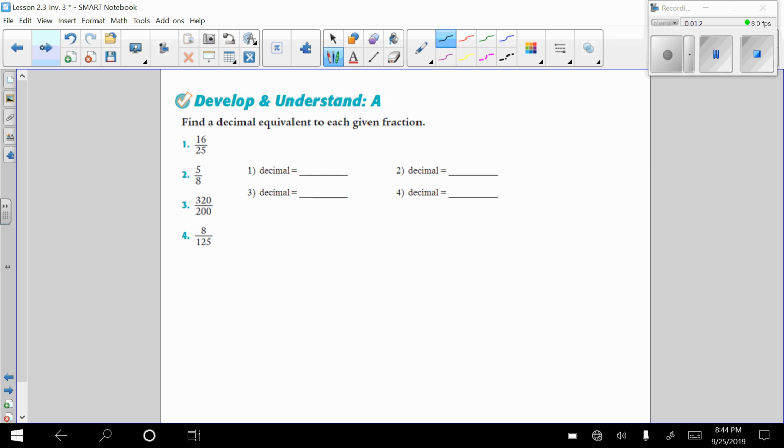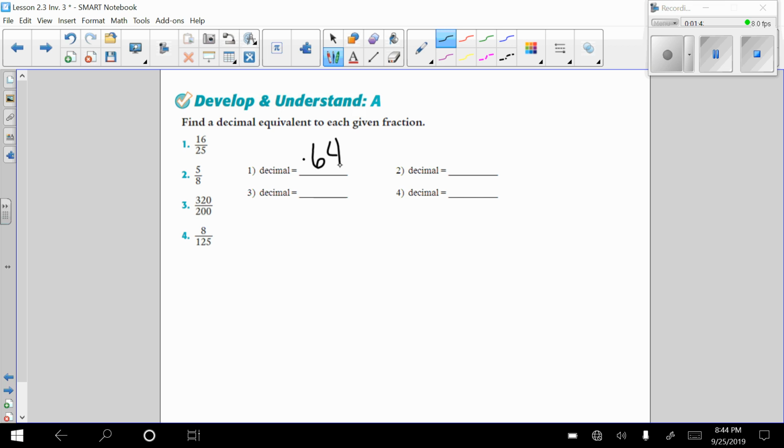Let's look at some more examples here. How do I change these fractions into decimals? Again, go ahead and use your calculator or try to get the denominator to 100, whichever way is easier for you. So in the first one, 16/25 gives us 64 hundredths.